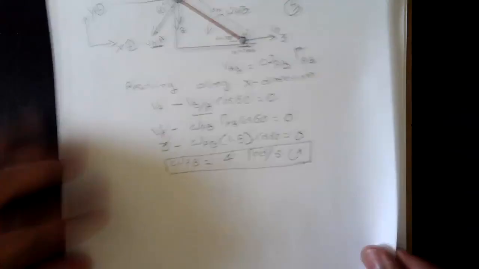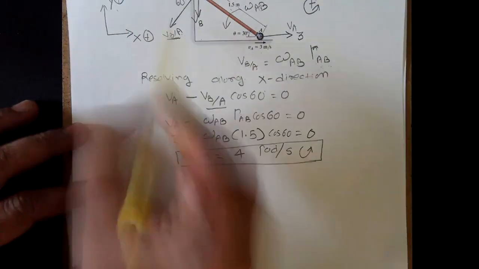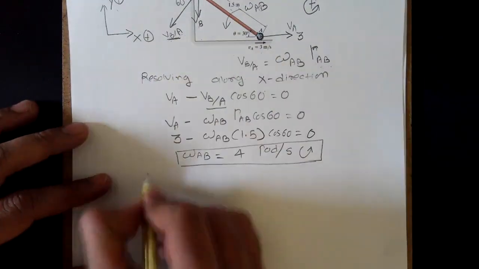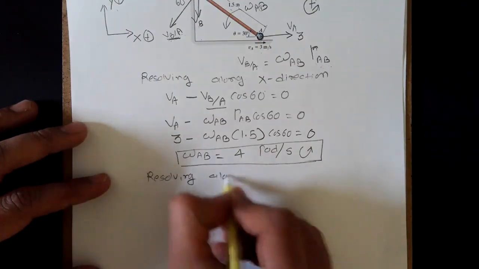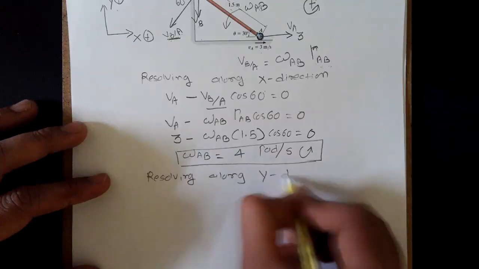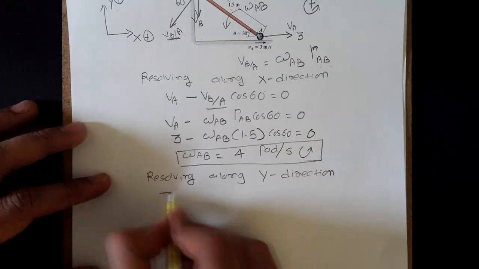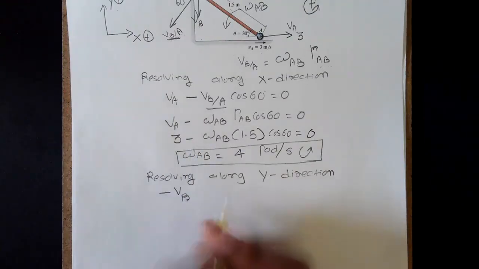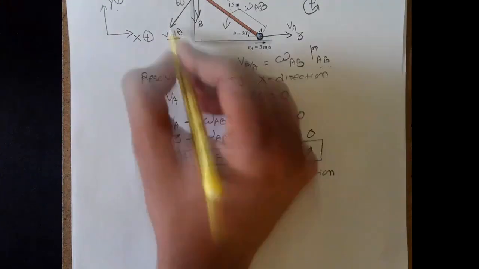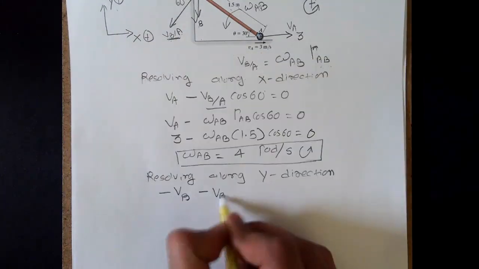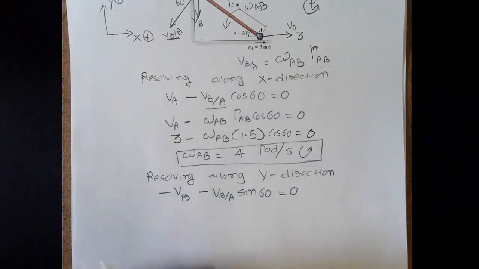So that's one of our answers. Now the second answer: we need to calculate the velocity of B, that is this velocity. So now we need to resolve the components vertically, resolving along the y direction. There is one component from VB which is negative, so it's minus VB. Then the vertical component of the relative velocity of B with respect to A, which is minus VBA sine 60, is equal to 0.